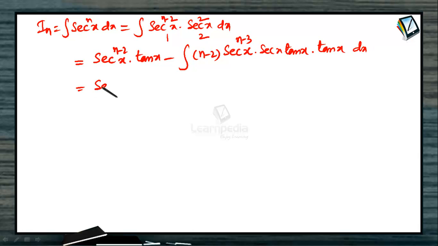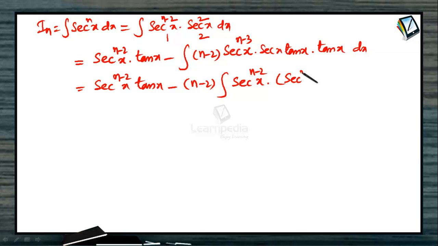That becomes secant power n minus 2 of x into tan of x, minus n minus 2, the constant taken outside, secant power n minus 3 into secant x is secant power n minus 2 of x into tan square x. The tan square x is split in the form of secant square x minus 1 dx for better conclusion.